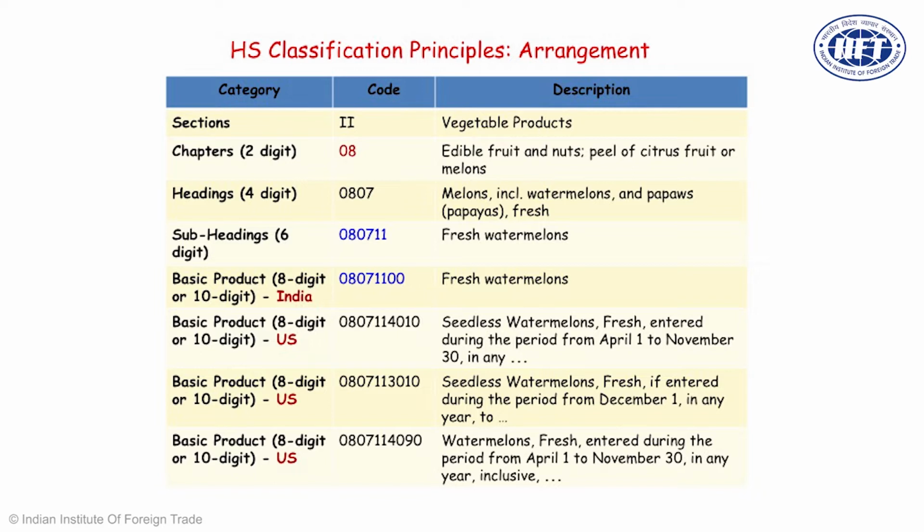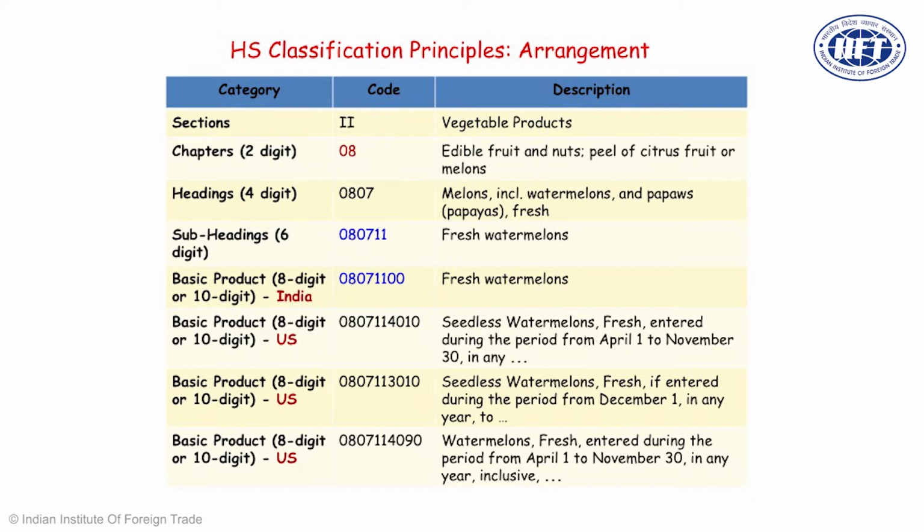Now, they will come under section 2, vegetable products. Under the section, a number of HS chapters would appear. So we might get, let's say, chapter 08, which will include all edible fruits and nuts. Under the HS 2-digit, all the types of fruits will be arranged.